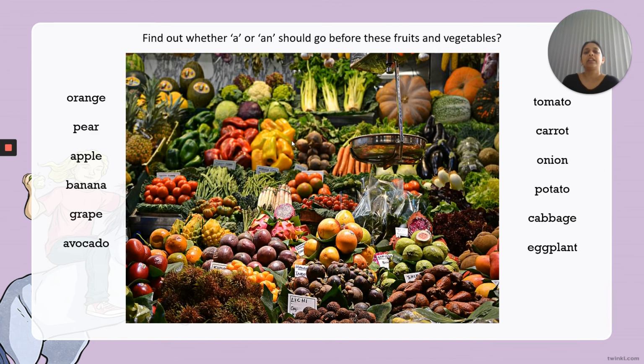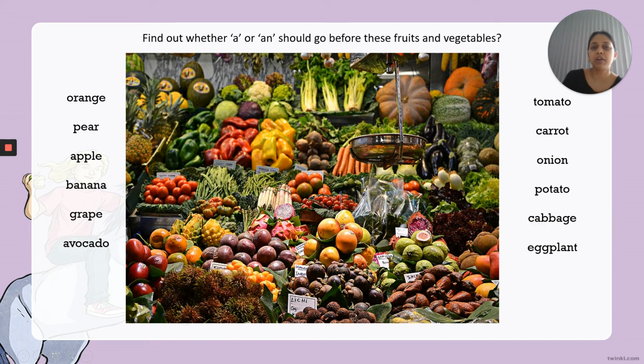Okay, now I've got a slide here with some fruits on this side and some vegetables on this side. So what I would like you to do on your piece of paper is write the article to the fruits and the vegetables. So the first one is an orange.